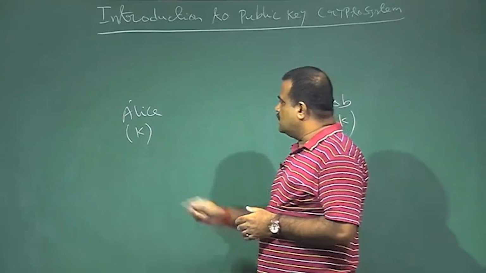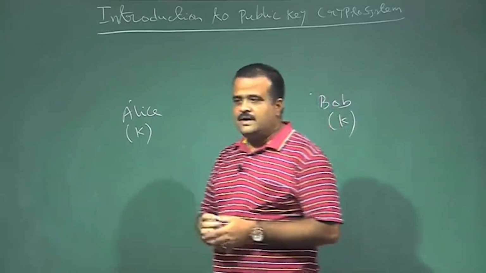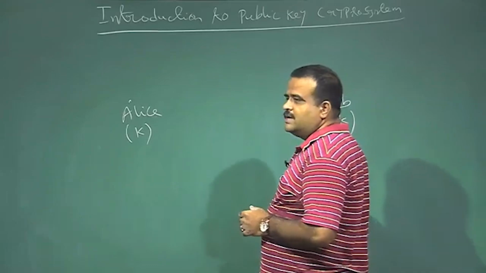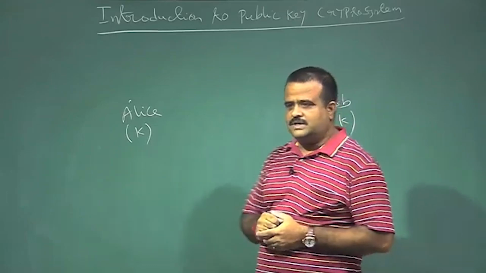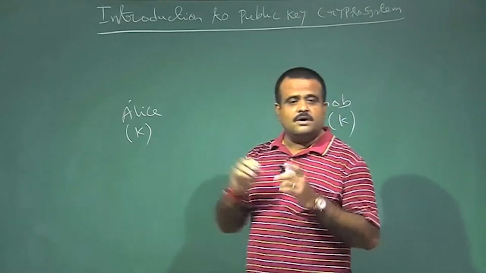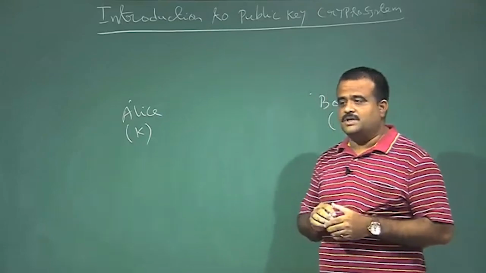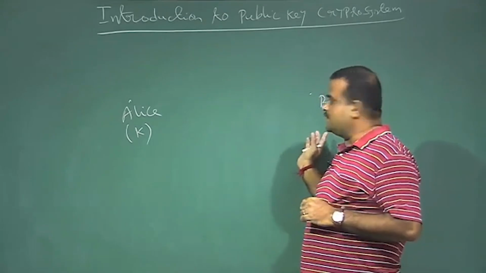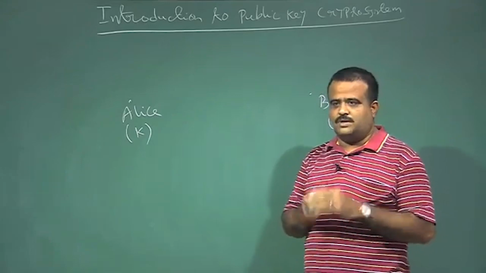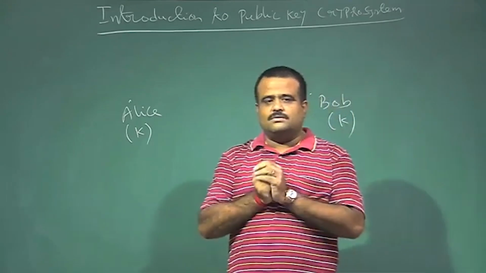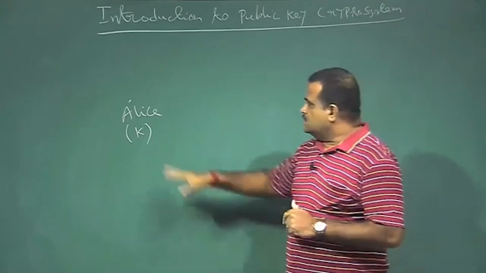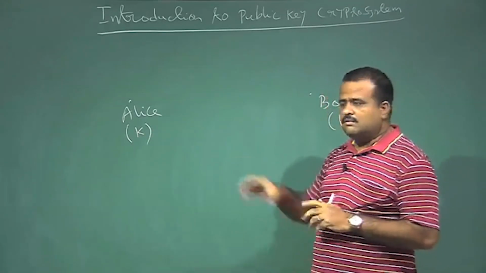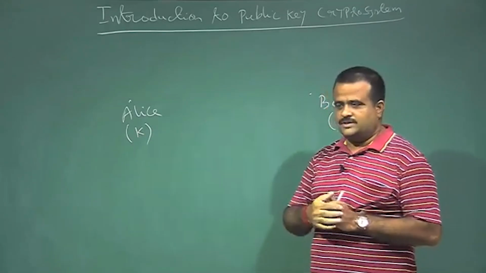This is also called the encryption key, and the decryption key is either the same or it can be generated from the encryption key very easily. For the permutation cipher, we have seen in classical cryptography that if k is a permutation, then the decryption key is the inverse permutation, and if we know the permutation, then we know the inverse permutation. So mostly these two keys are identical or one can be generated from the other.